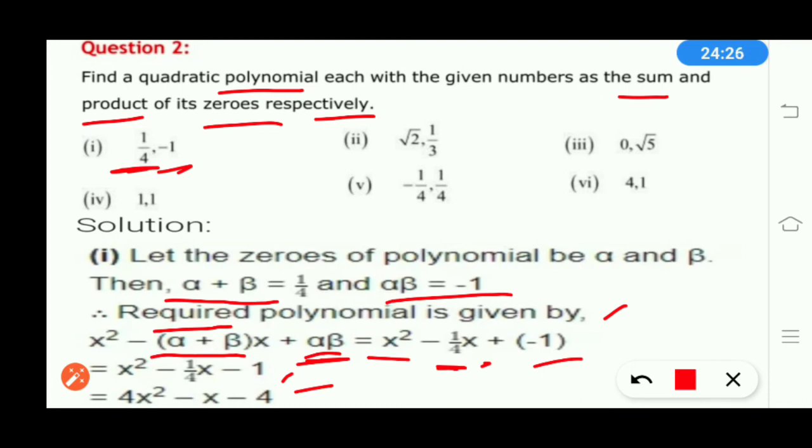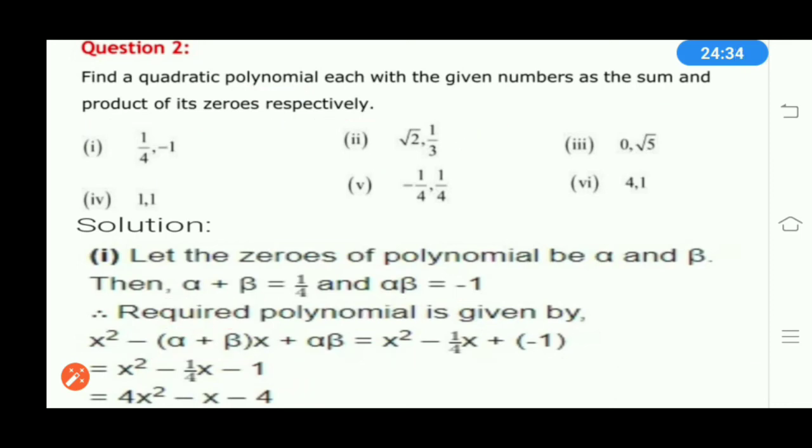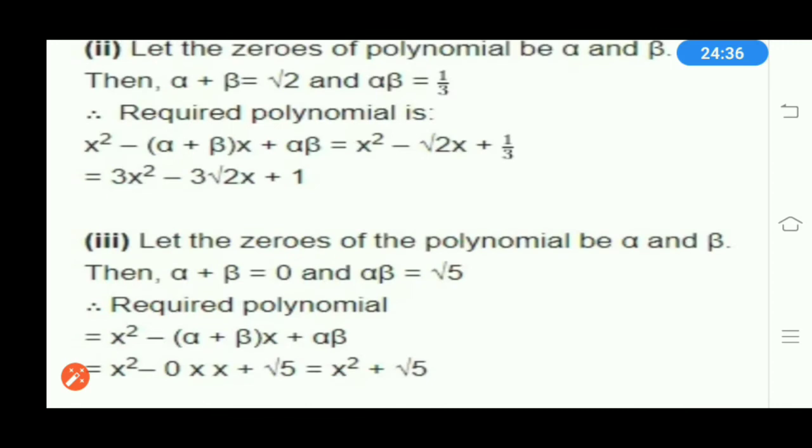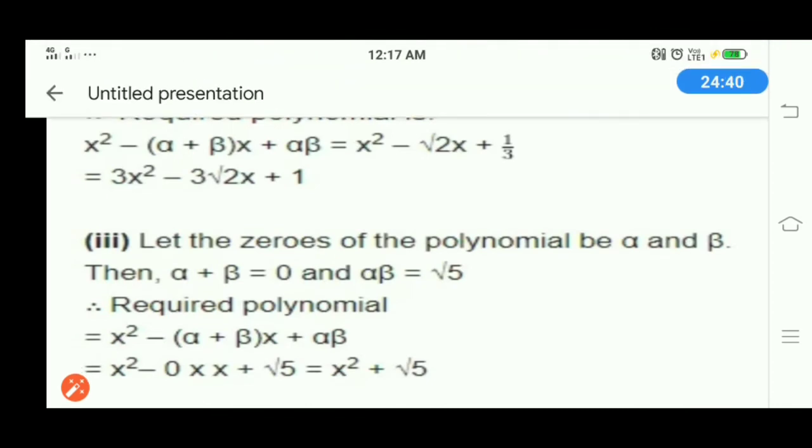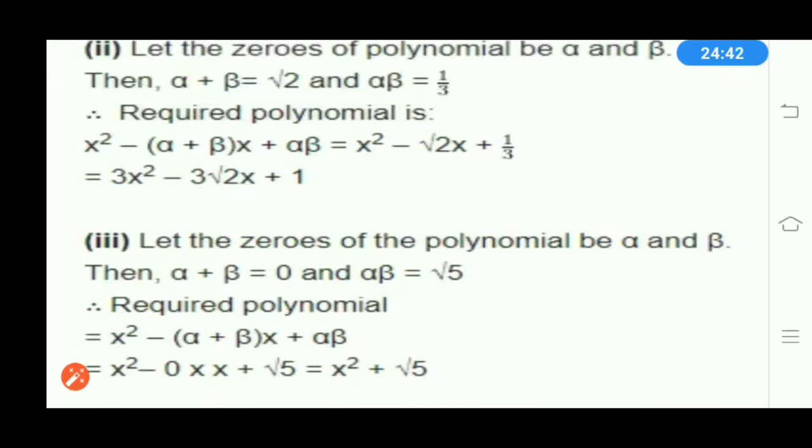Next, Roman number 2. Here alpha plus beta equals √2 and alpha beta equals 1 by 3. Clear? So the required polynomial is x square minus (alpha plus beta) into x plus alpha beta.